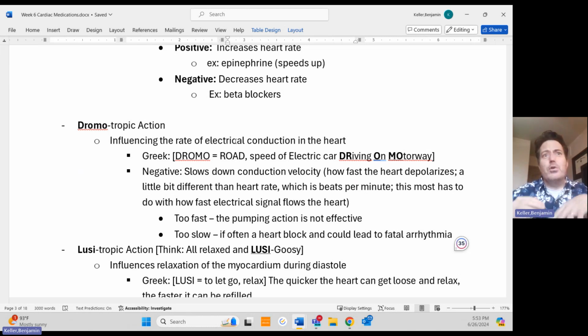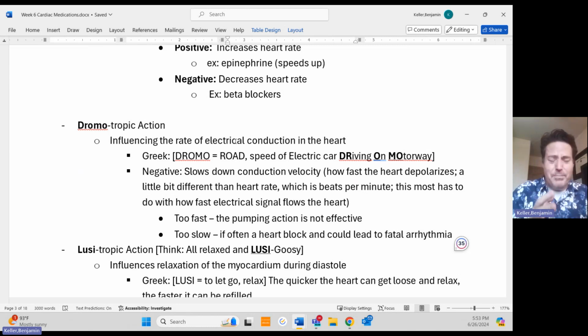So a negative dromotropic medication slows the heart rate down, or slows the heart rate down some, but it's more focused on slowing down the conduction velocity of the heart, which is how fast the heart depolarizes. That's different than heart rate.